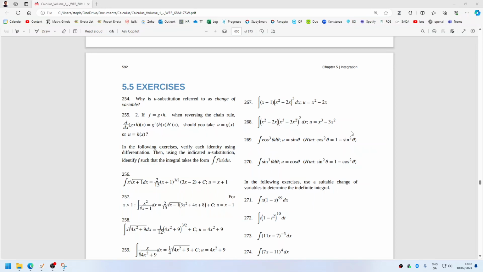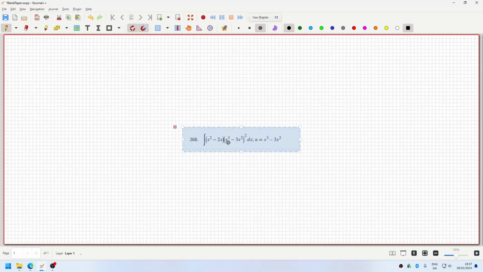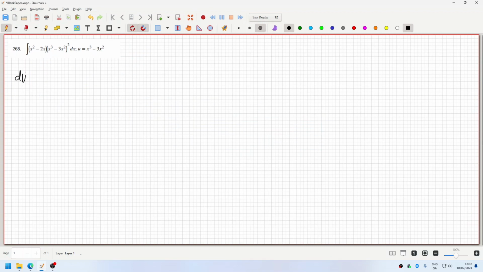268. So du dx equals 3x squared minus 6x. So that means dx equals du over 3x squared minus 6x.